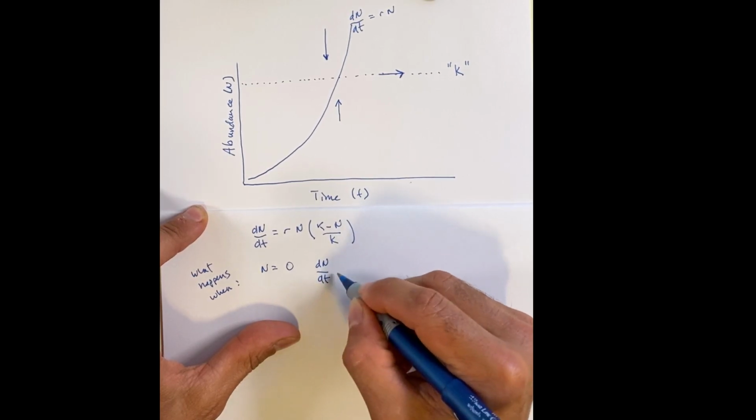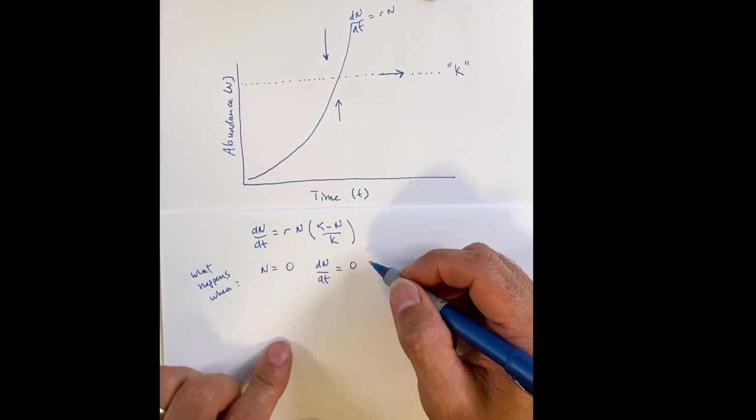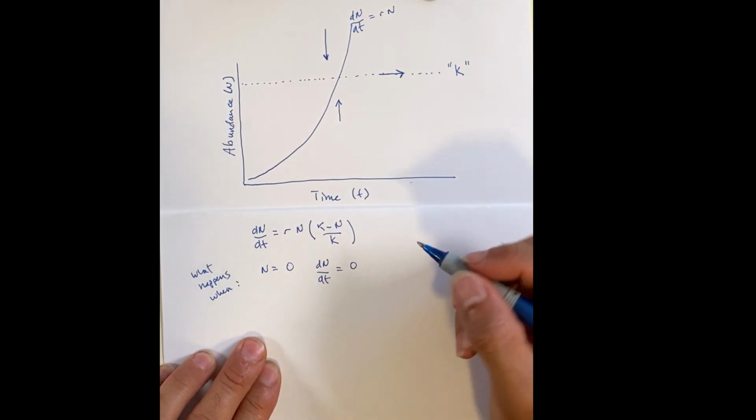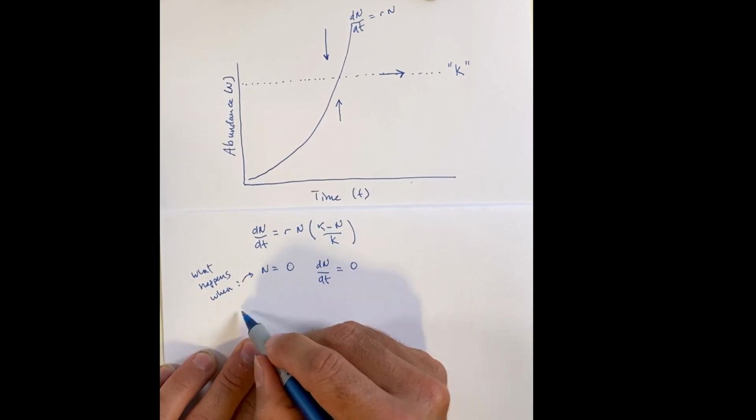Well, again, this is pretty trivial. You take three terms that are multiplied by each other, and if any of those terms is 0, then you've pretty much got nothing. So the population is not going to grow when there are no individuals there. All right, not that interesting.